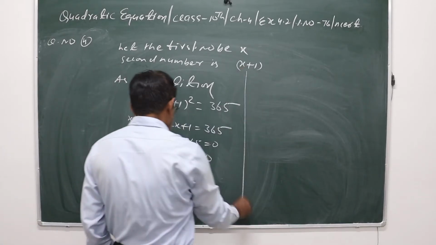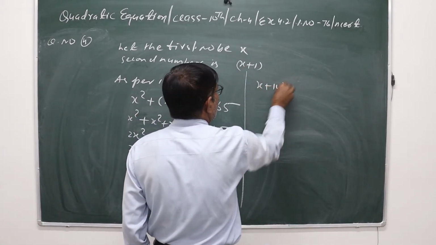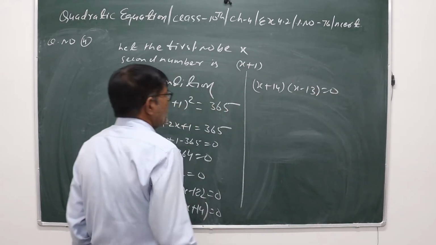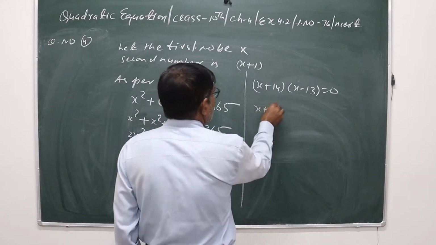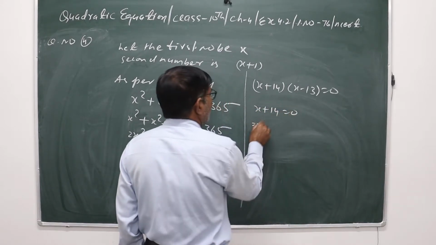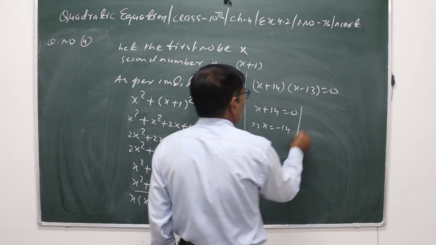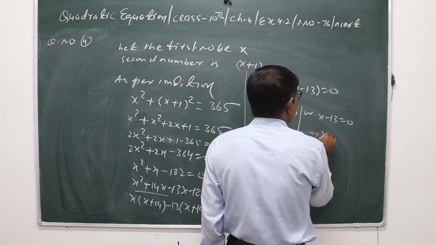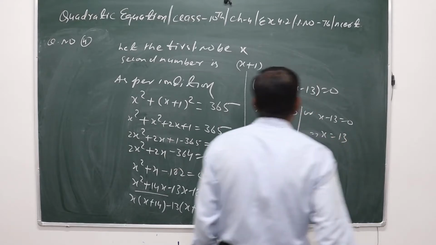So the next step: (x plus 14) into (x minus 13) is equal to 0. Here x plus 14 is equal to 0 implies x is equal to minus 14, or x minus 13 is equal to 0 implies x is equal to 13.